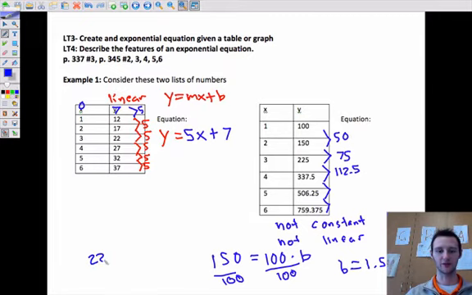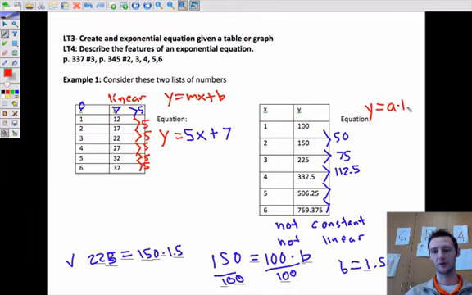We can check that for 225, and that should equal 150 times our multiplier of 1.5. So 150 times 1.5, that'd be 150 plus 75, which is 225. Again, I'm just checking our multiplier b. So our multiplier is going to be 1.5. So far in our equation, we've got y equals some starting value a times 1.5, which is our multiplier, to the x.